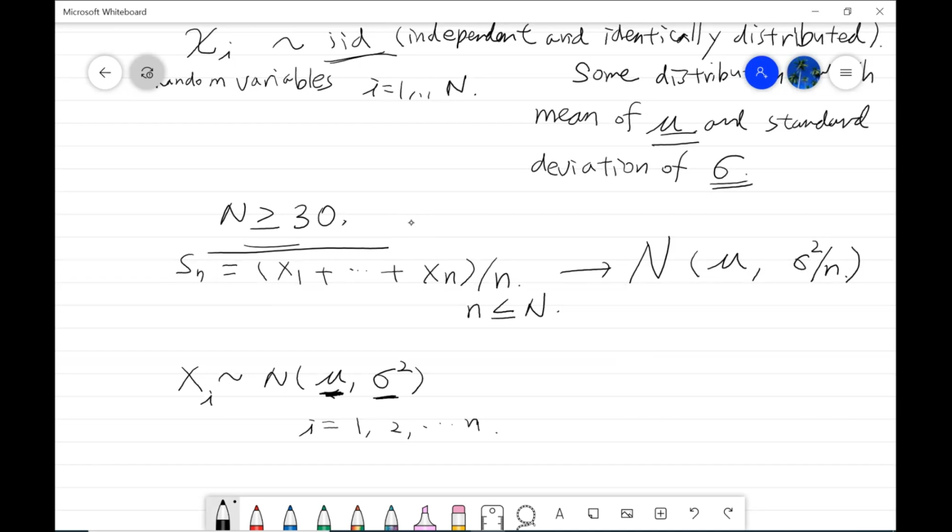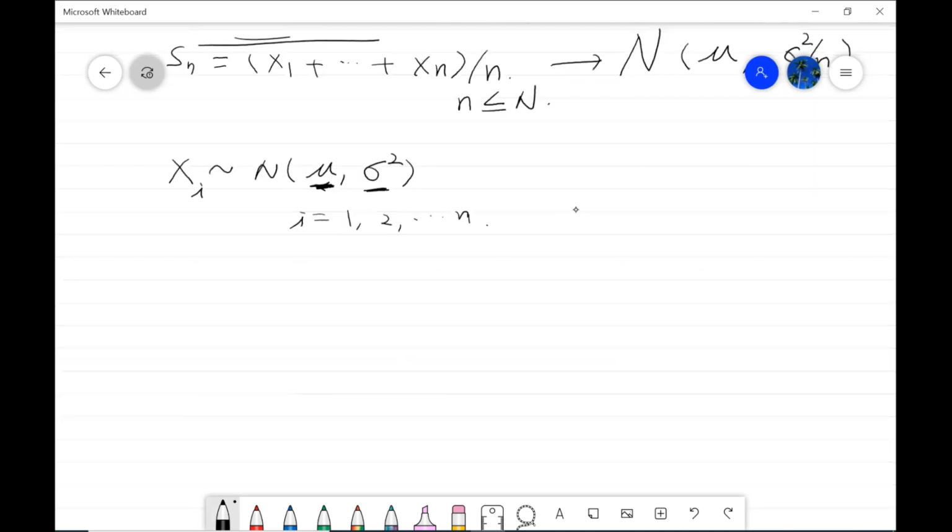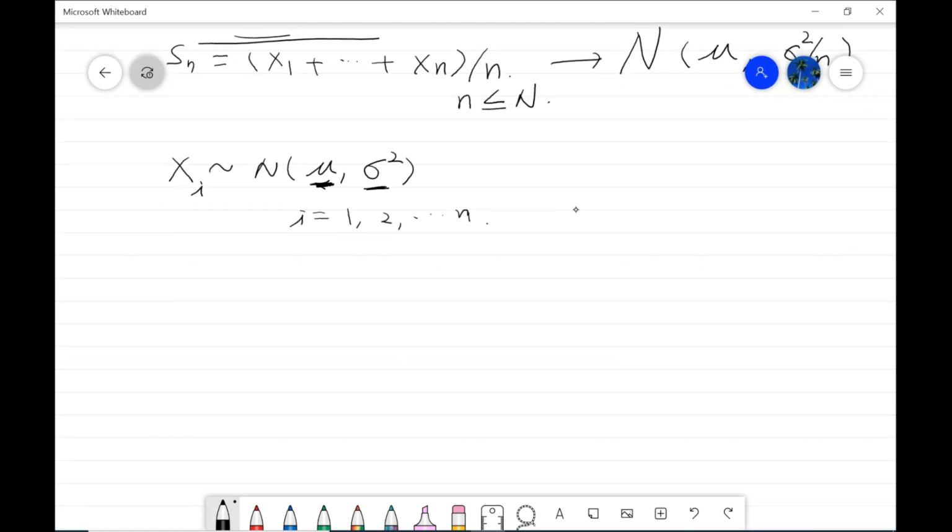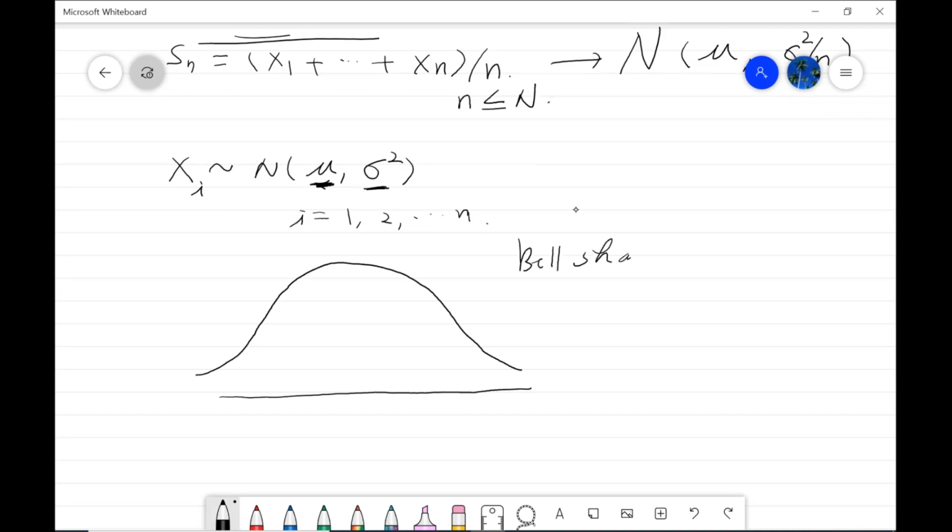Why? Because you might already have seen this before: what does the normal distribution look like? Over the continuum line, the normal distribution looks like a bell shape.